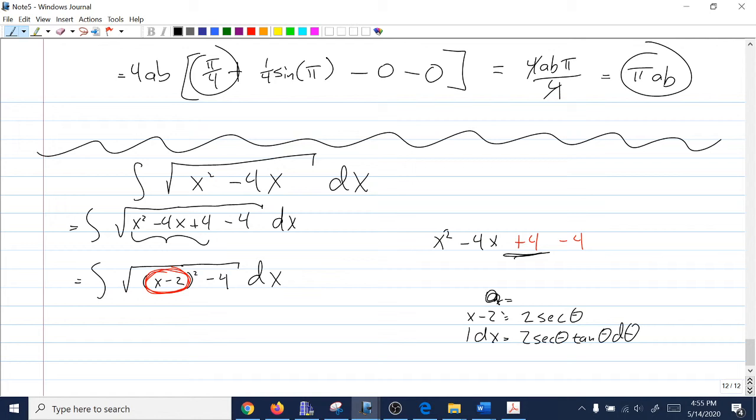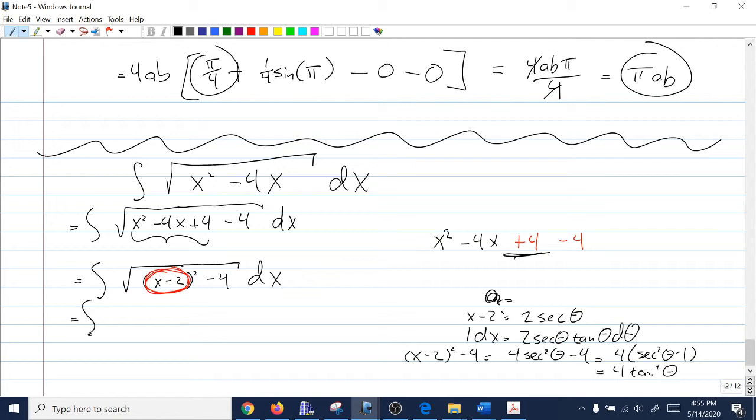Okay. And what is x minus 2 squared minus 4? That squared is 4 secant squared theta minus 4. That's 4 times secant squared theta minus 1. Secant squared minus 1 is tangent squared.